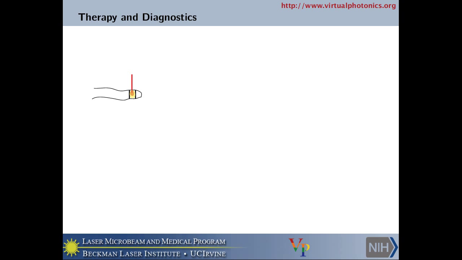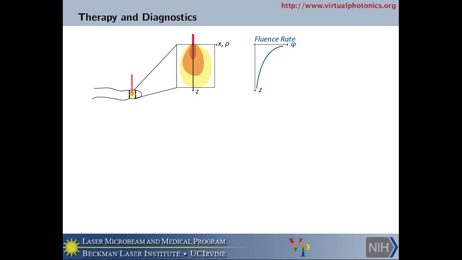So there are two things one can be interested in when you illuminate a biological tissue with a light source. One is, if one takes a cross section of my finger, the light distribution, the light field, within the tissue.